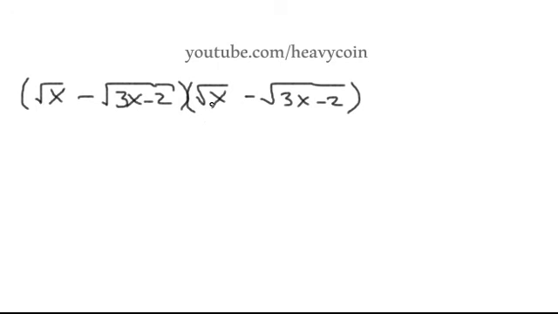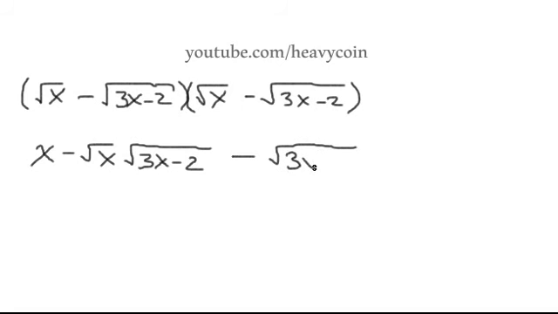So the square root of x times the square root of x is just x, okay? So you should have caught on to that in the last couple problems. The square root of x, this is going to be minus the square root of x. Of course, we'll write this out, won't skip any steps here. 3x minus 2, and then the square root of 3x minus 2 times the square root of x.